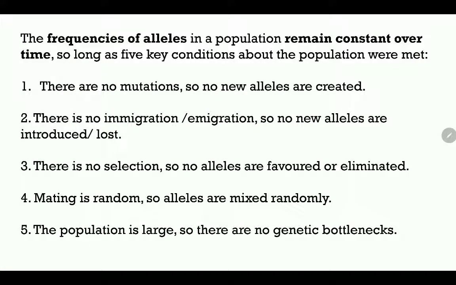We do need to remember that our equations are only true if we bear in mind a number of different constants. So we need to think about the conditions that need to apply. We can't have any mutations occurring within the population. Mutations bring about new alleles, and new alleles is something that we don't want.